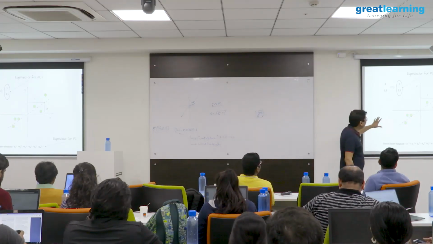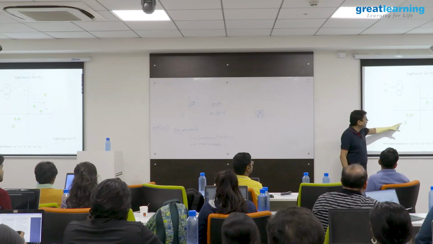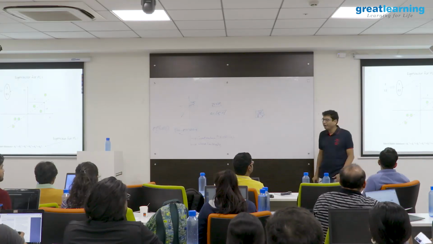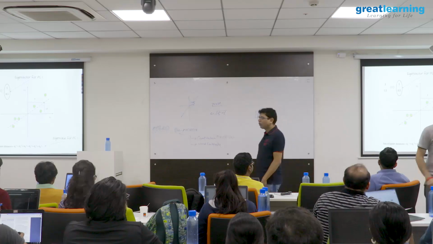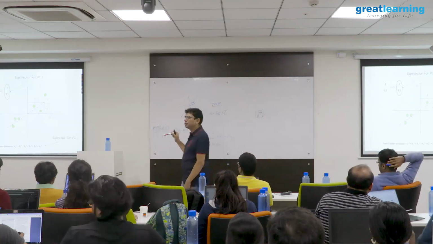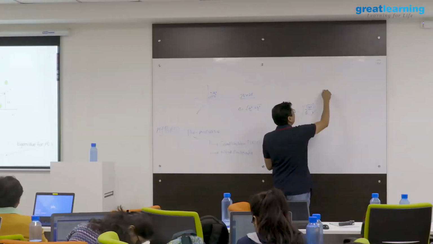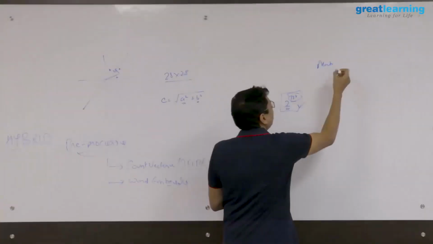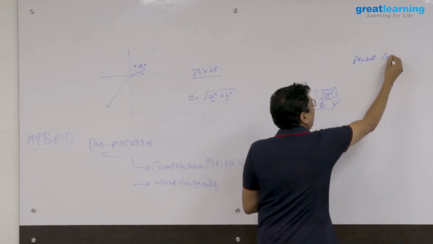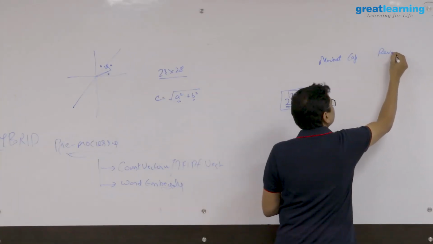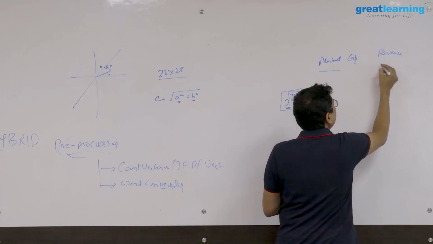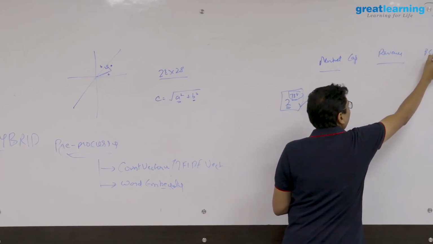But is everybody familiar or comfortable with how we are calculating PC1? It's a combination of existing features. Suppose you have two dimensions: market capitalization and revenue. What you are doing is creating another dimension called PC1.